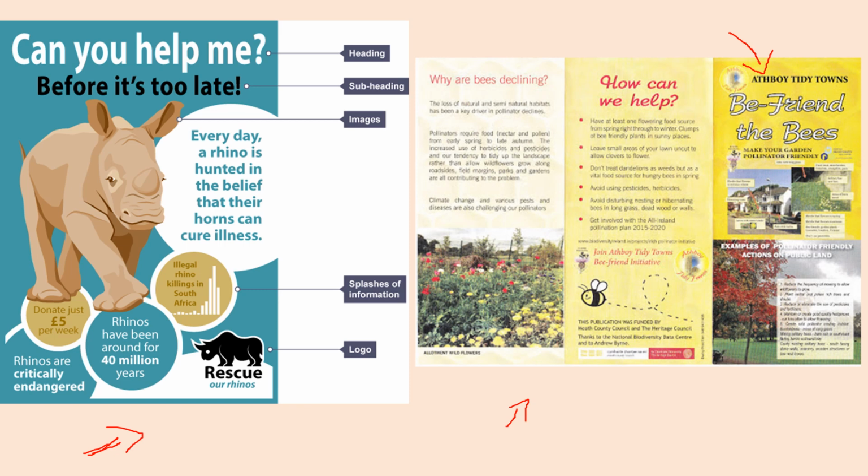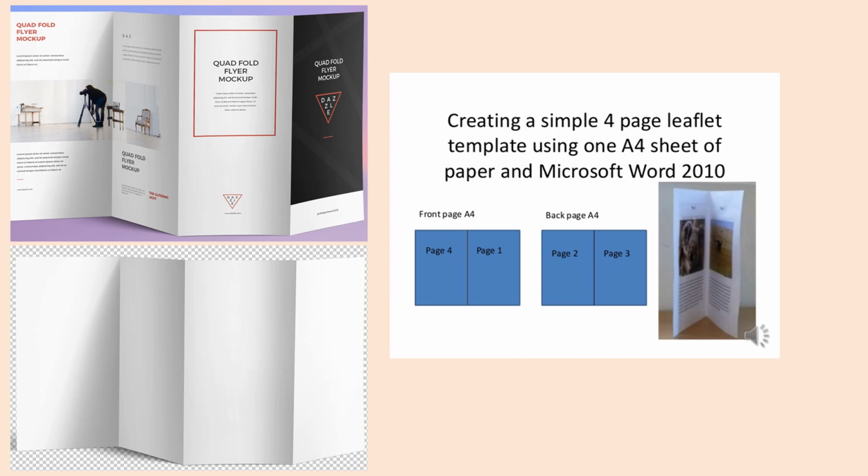Excellent. Let's move on. So over here, when you're creating your own information leaflet, you can either do it in this style where the arrow is pointing towards, so 6 mini pages, so you can fold them up like this, or if you look at the right hand side, it can be a 4-page leaflet, so you can use an A4 sheet and close it like this.